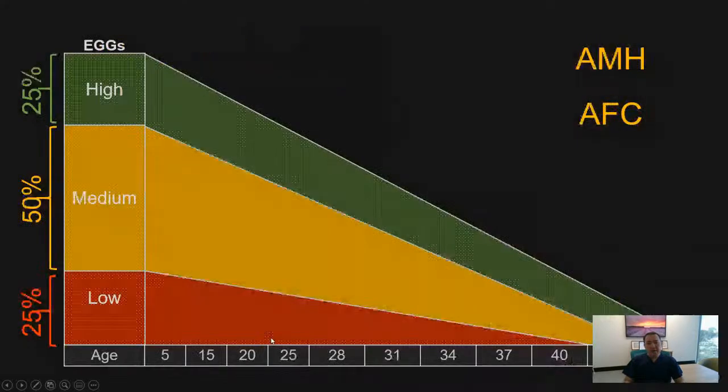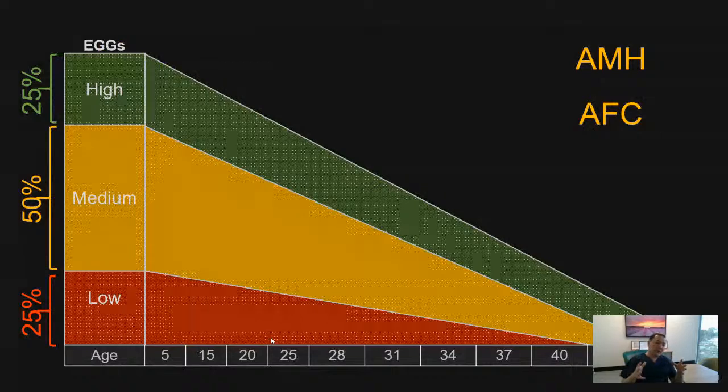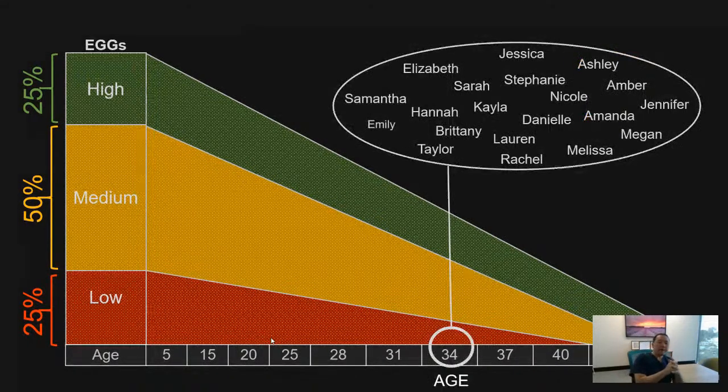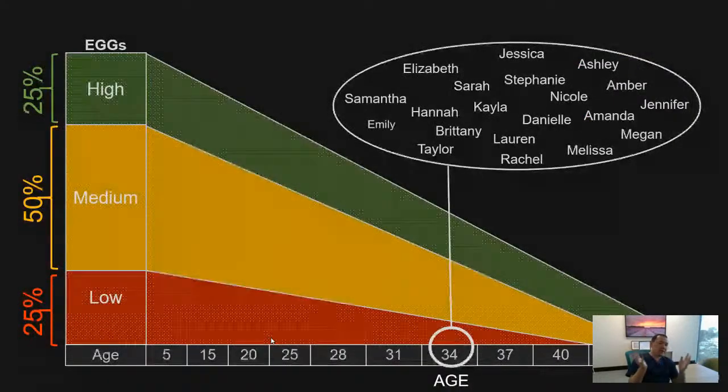Now let us discuss the clinical relevance of measuring ovarian reserve for each patient before their IVF treatment. We mainly use these 2 direct markers of ovarian reserve, AMH and AFC, to determine individualized treatment for each patient in IVF. I'll explain how. Let us take these 20 patients of the same age.